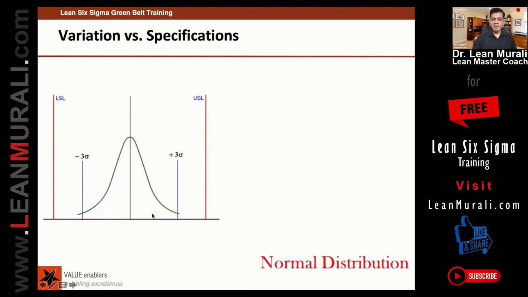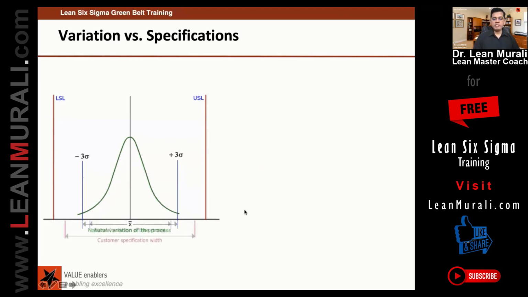And we should make sure that our entire set of products should be within plus or minus 3 sigma, that is a 6 sigma process. Okay, so this is the natural variation of the process, the bell-shaped curve, which is called normal distribution, and this is called the customer specification or the width.